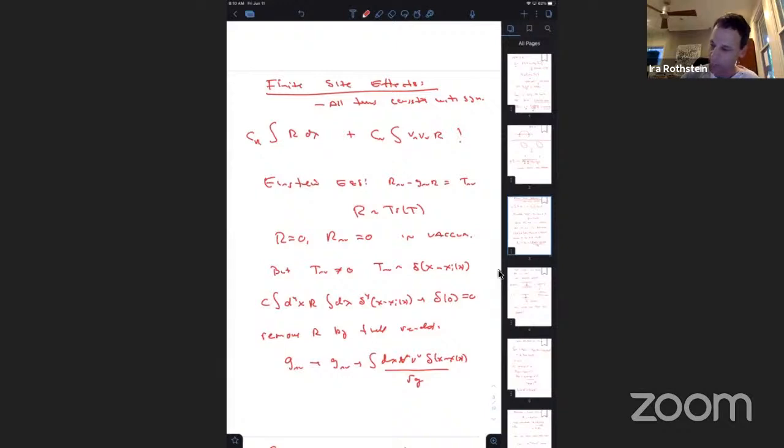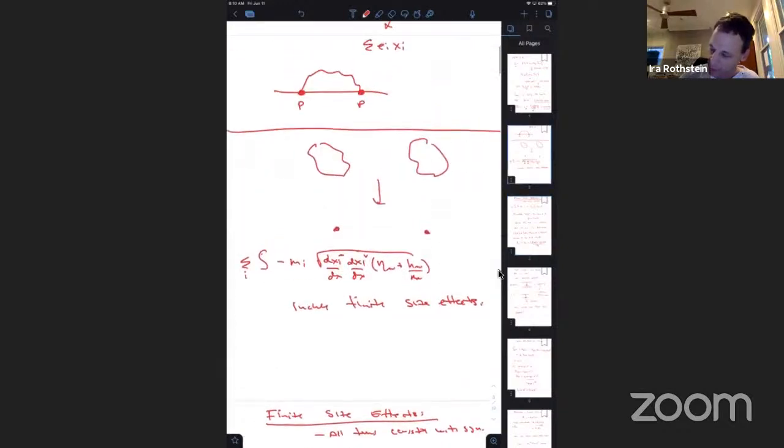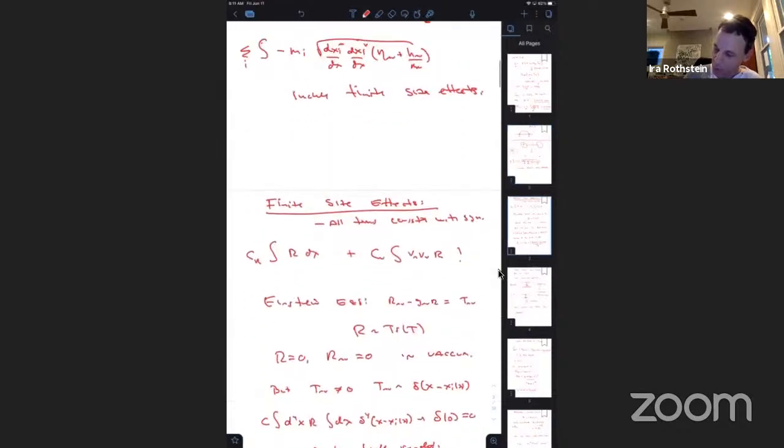So when we make this logical step in going from here to here, we're automatically going to do so in an approximation based on this expansion parameter, okay? So what we want to do is write down all possible terms that are consistent with the symmetries at lowest dimension.